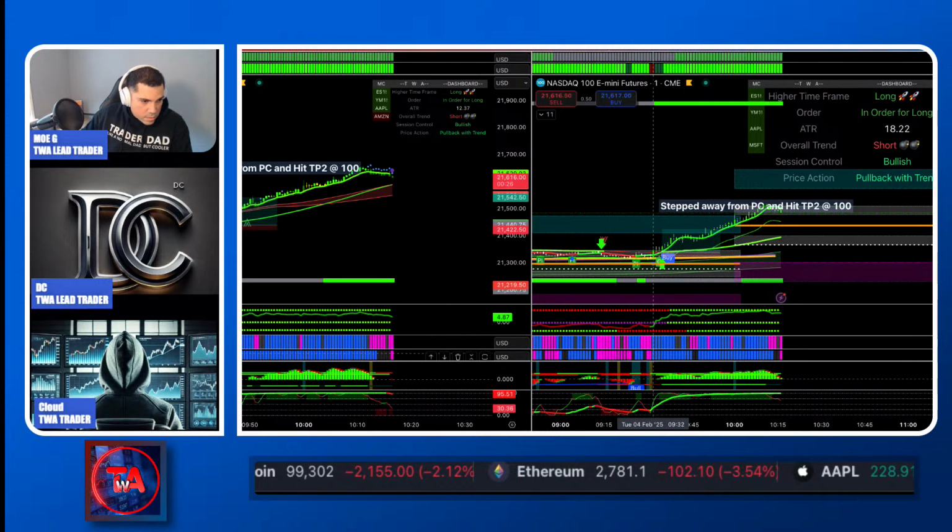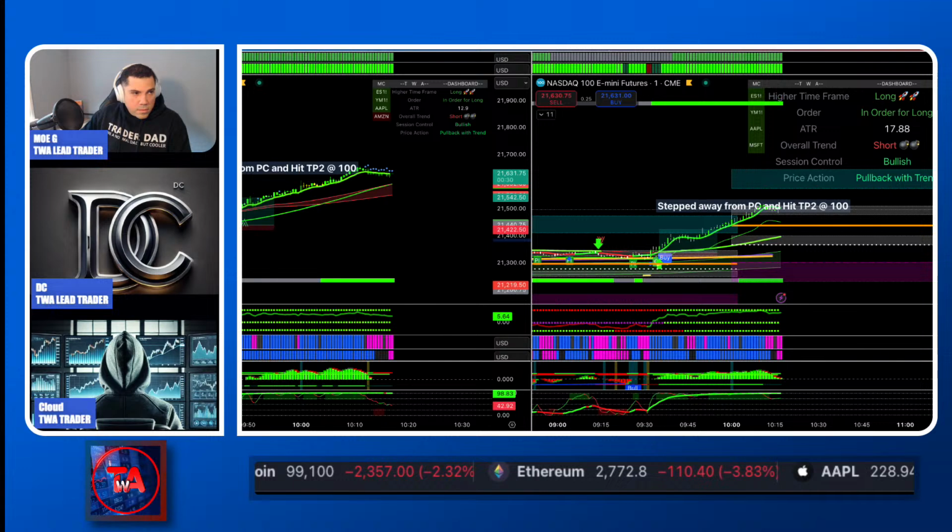I got 2 micros left. I have 1 micro at 100 points, 1 micro at 50 points. Let's see what happens here. Long at 620, treating it as a scalp.